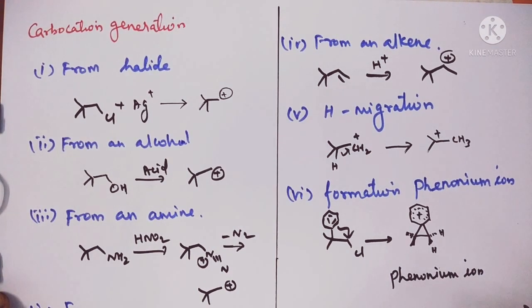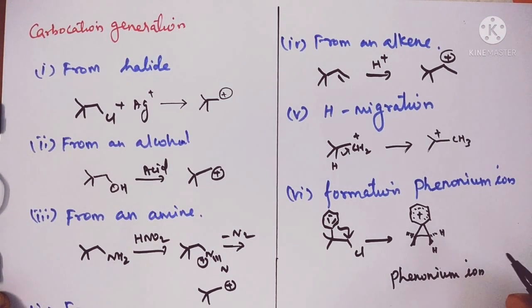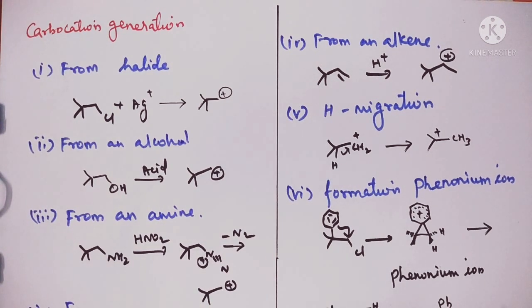This is highly stable. One more important thing is that an electron releasing group in the aromatic ring gives rise to greater rates of migration, whereas an electron attracting group lowers the migration rates.